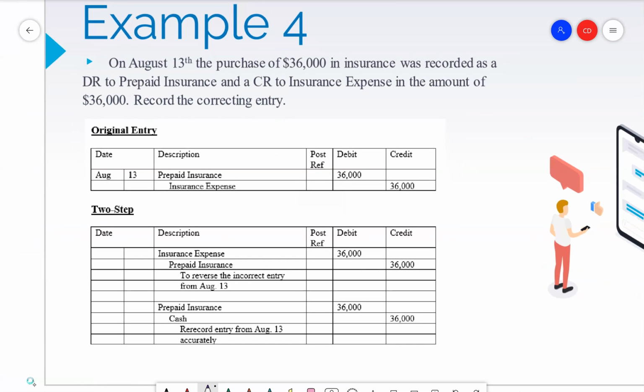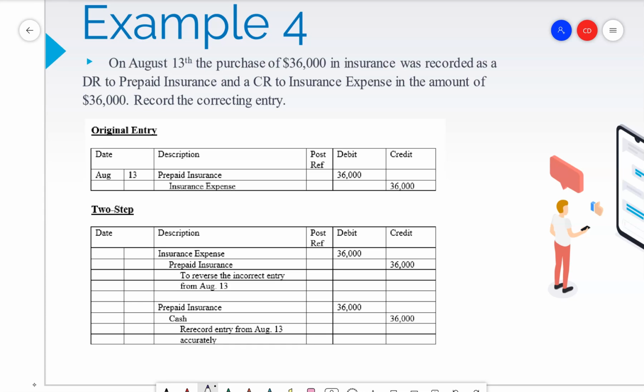On August 13th, the purchase of $36,000 in insurance was recorded as a debit to prepaid insurance and a credit to insurance expense in the amount of $36,000. Record the correcting entry. All right, so we know that when we purchase insurance, prepaid insurance, we are paying cash, and it's not an expense.